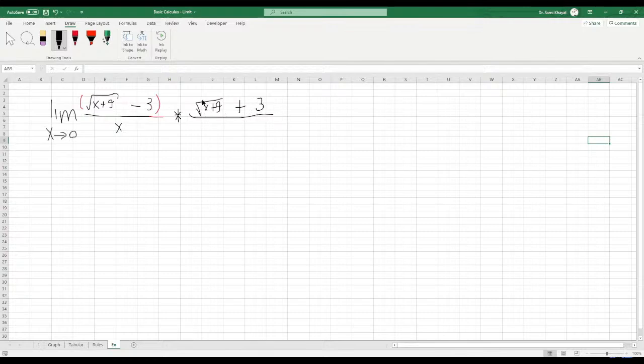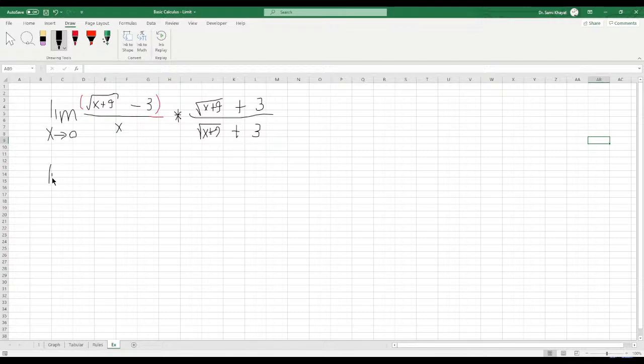Because if I multiply it, I can get the difference between squares. If I multiply by this one, I need to divide by the same amount. Because if you multiply anything by 1, it's okay. Nothing will happen.